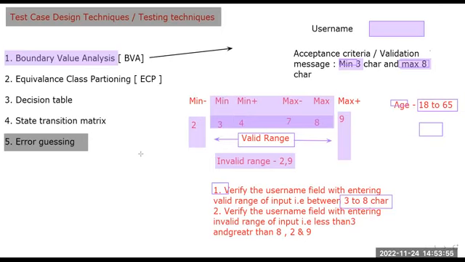If you do not pay, then it will throw some message. Something like an if else condition will be there, right? Wherever you can apply the state transition. You know about the if else condition, everyone? If you are satisfying the criteria, then it will allow you to the next screen. If you're not satisfying, then it will throw you back to some other screen. So in real time, if you're having such kind of if else condition, then you can apply the state transition.